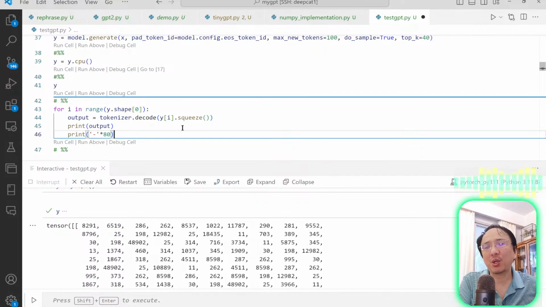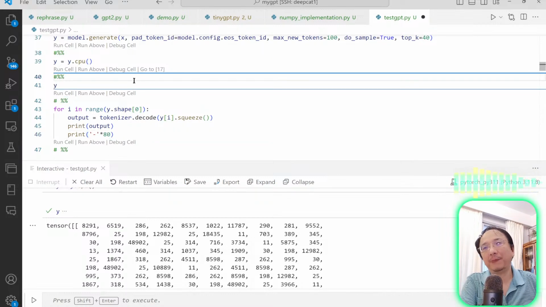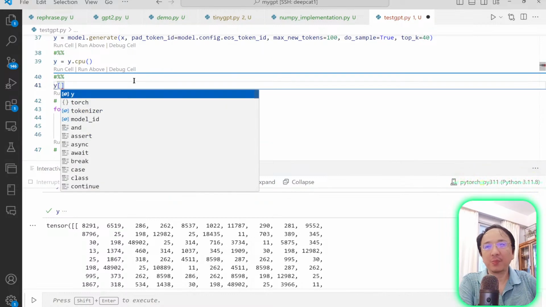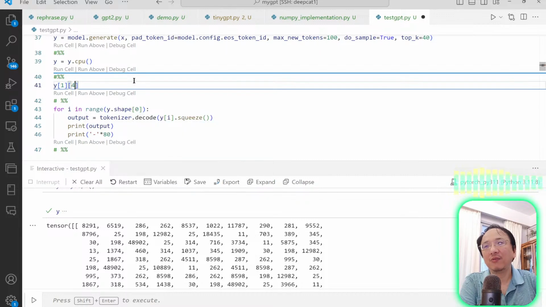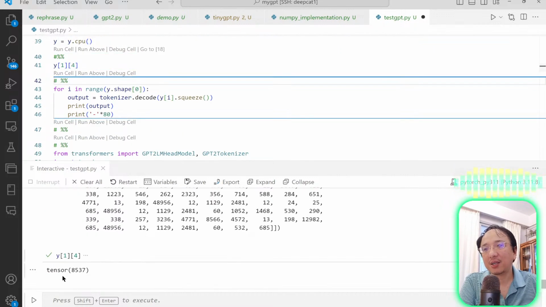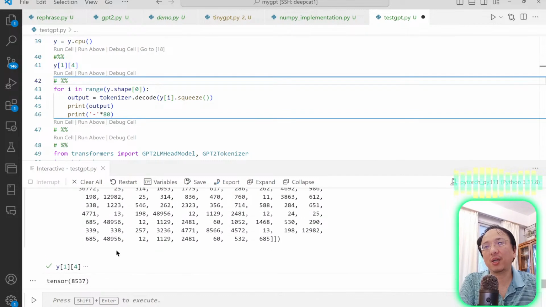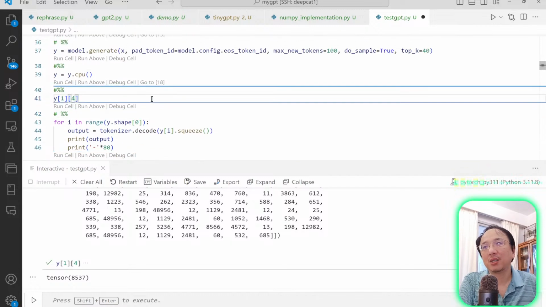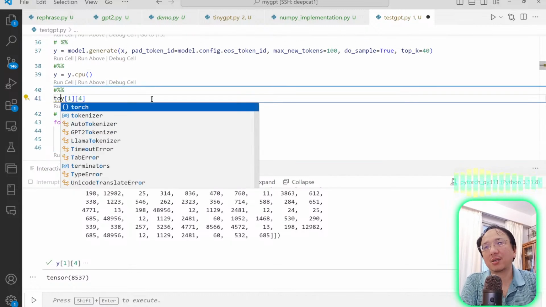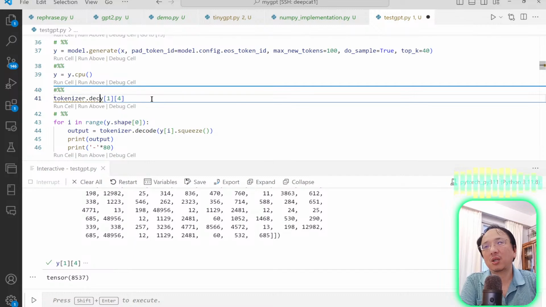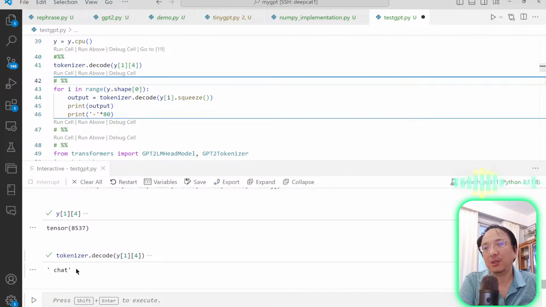You can actually decode one token at a time, like Y[14], it is like 8537. Then we can use tokenizer to decode. You can see this one is just a chat.